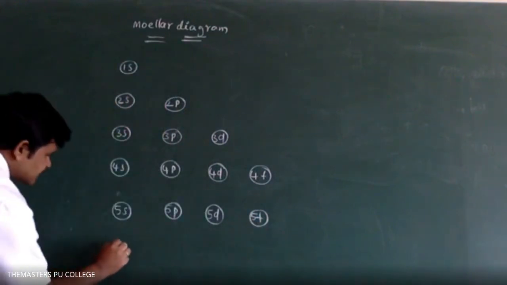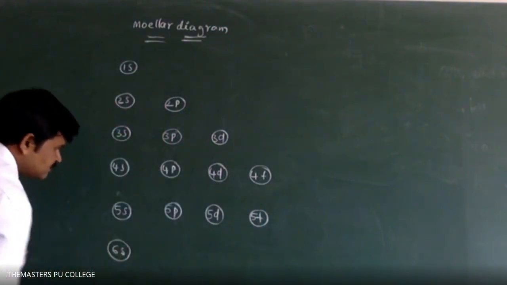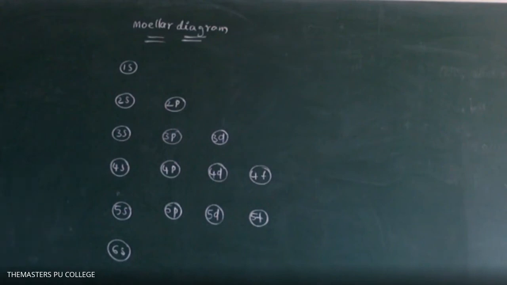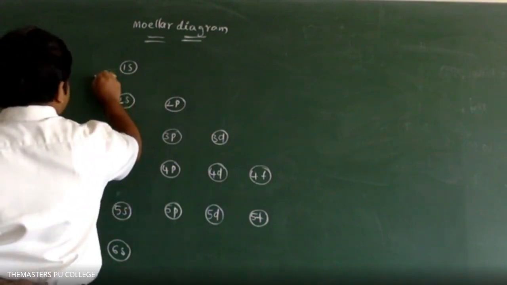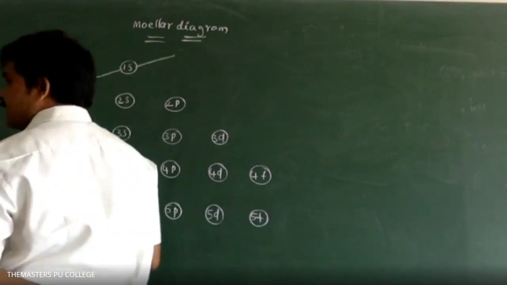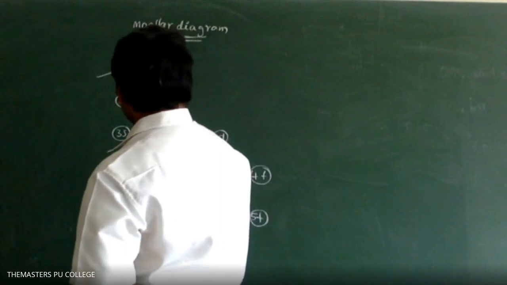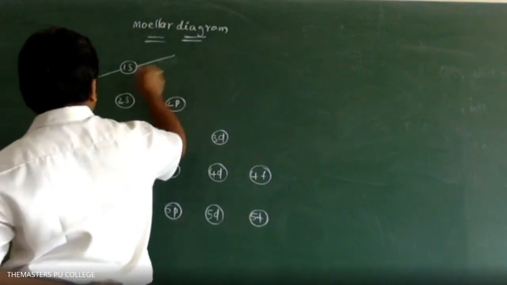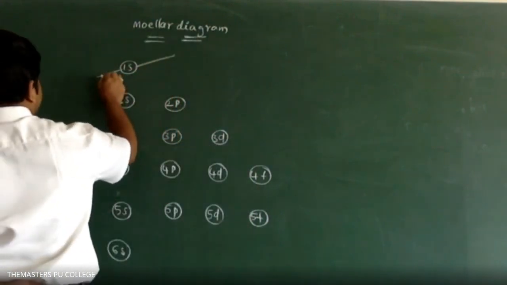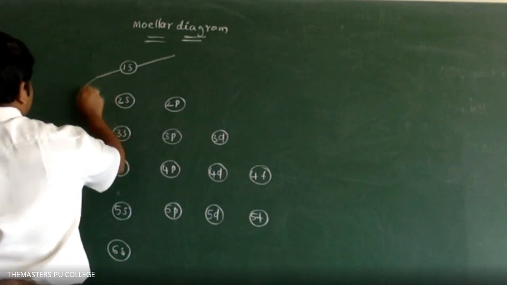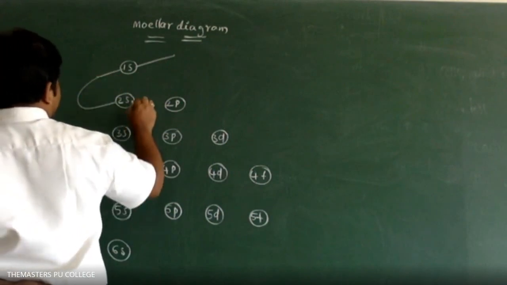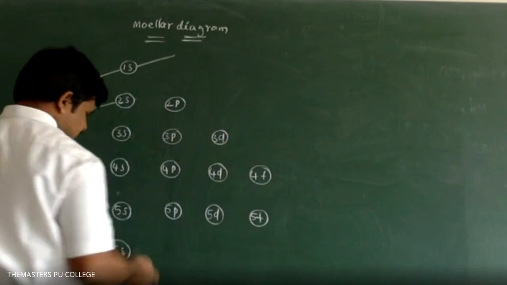Okay, can write 6s also, no problem. A few important orbitals I will write. According to this, the first electron enters into the 1s orbital. Then the electron enters into the 2s orbital.